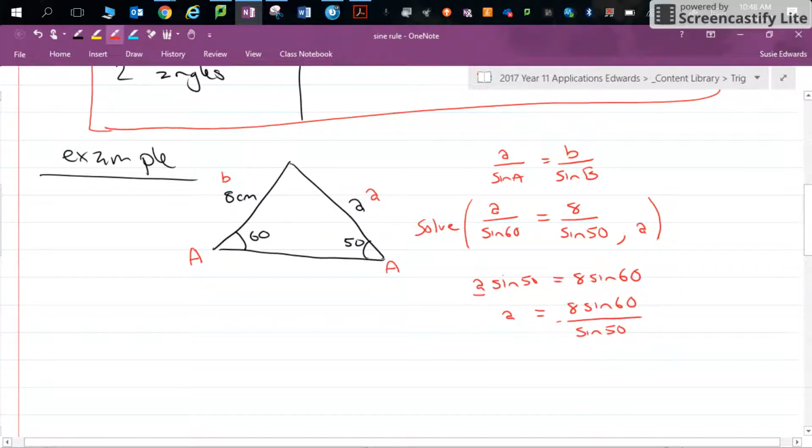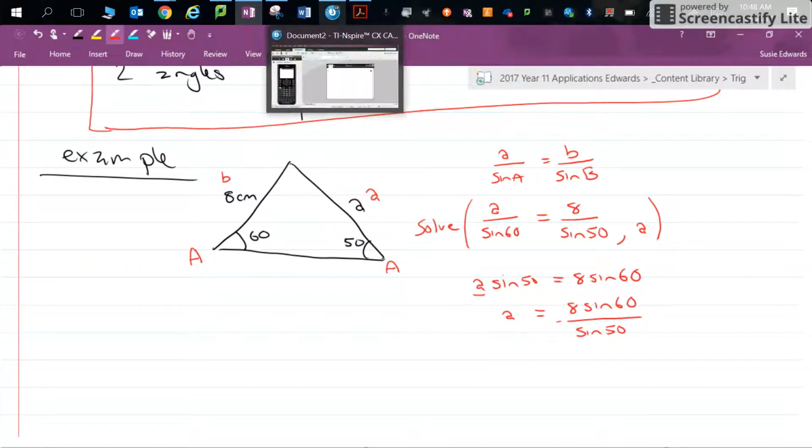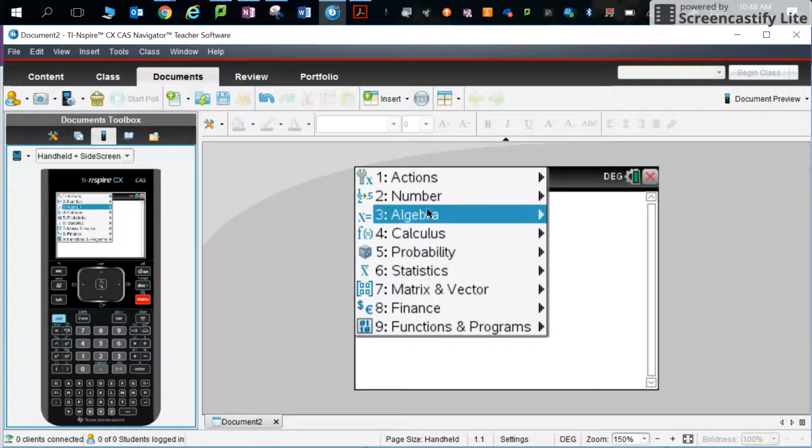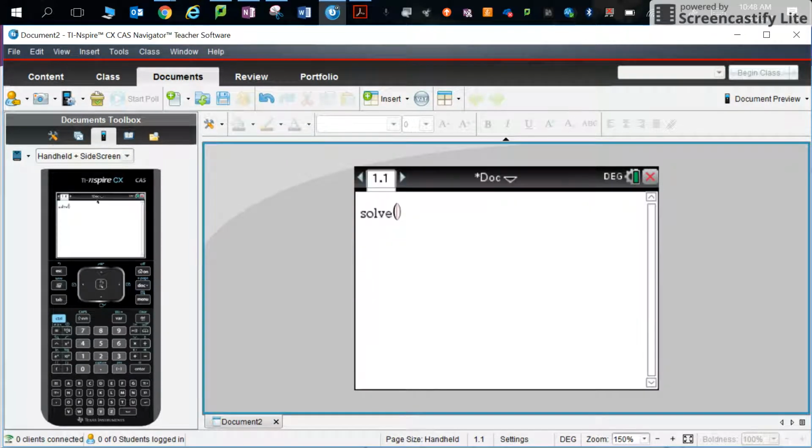Now we need to use our calculator. So let's have a look at your calculator. Once we've got this, I find the easiest thing is to use our little template. So I'm going to write in solve first. I'm going to go menu, algebra, solve.